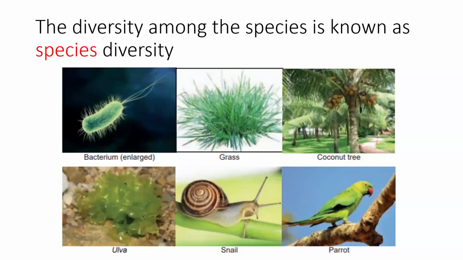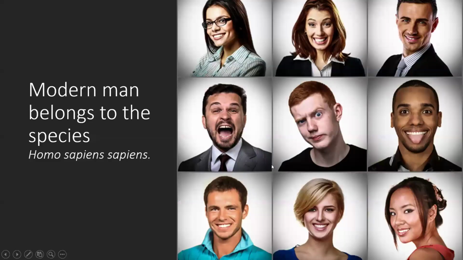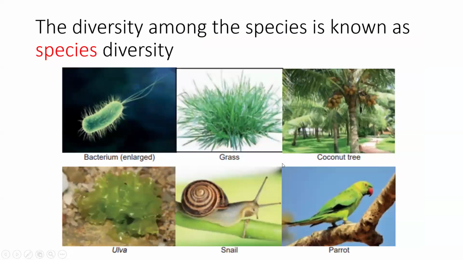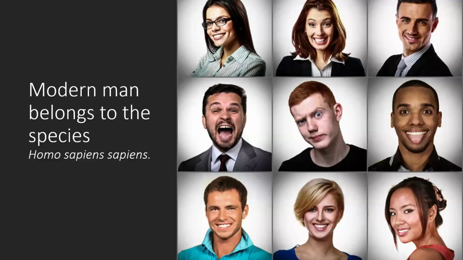And species diversity, then you learn genetic diversity. The species differ from one another, and in the same species, the organisms differ from one another. Think about humans. We belong to Homo sapiens sapiens, so we also show a vast diversity.